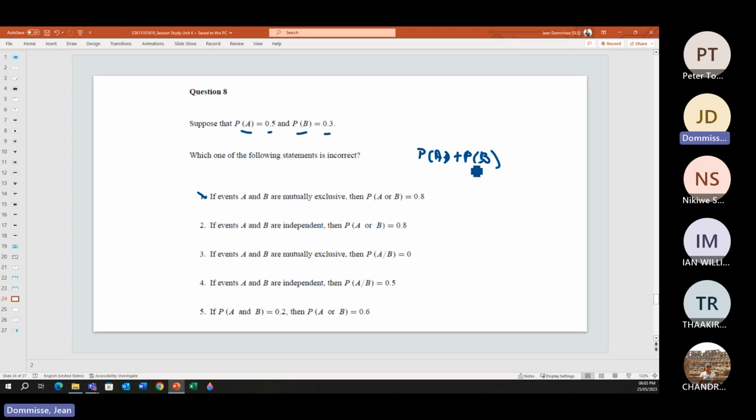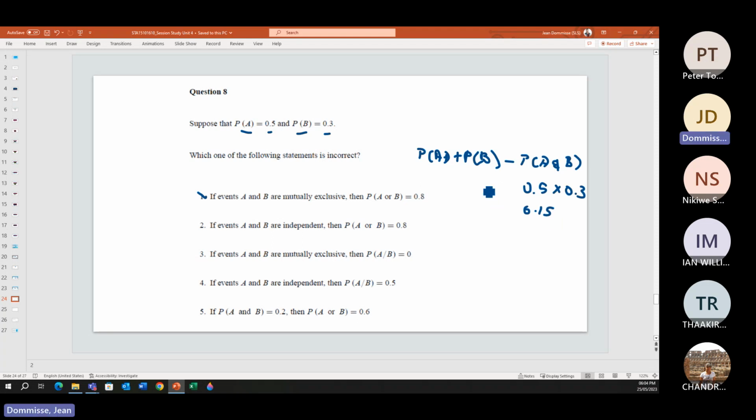If it is independent, all that we will add is minus the probability of A and B. I'm just going to write it as A and B. The A and B will be then, because it is independent, 0,5 times 0,3, which gives me 0,15.